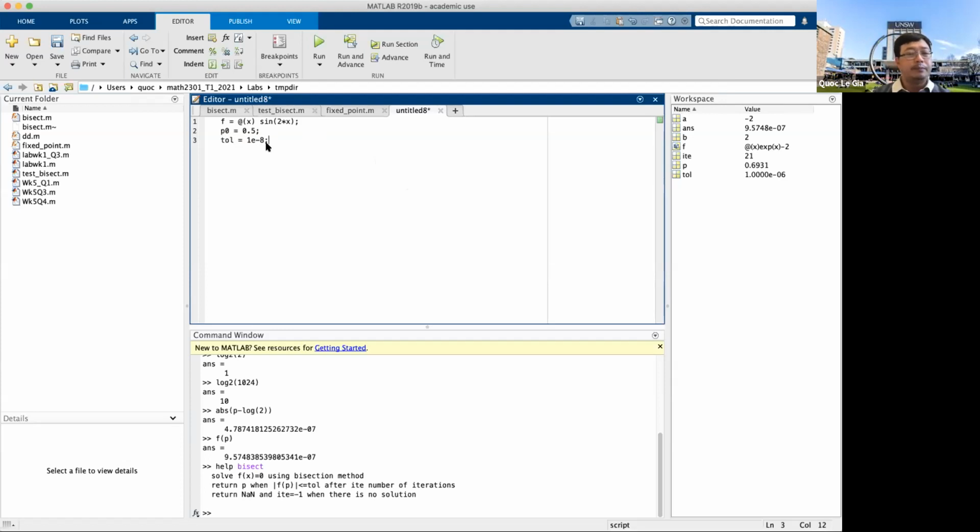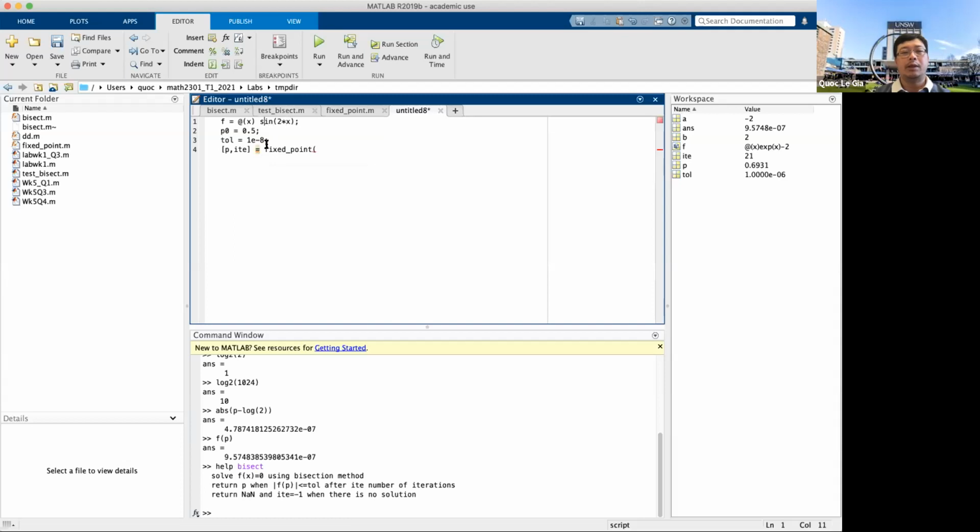And then that's it. So you just run it. So p, ite equal, okay, fixed point. Well, maybe this is a function g instead of f.